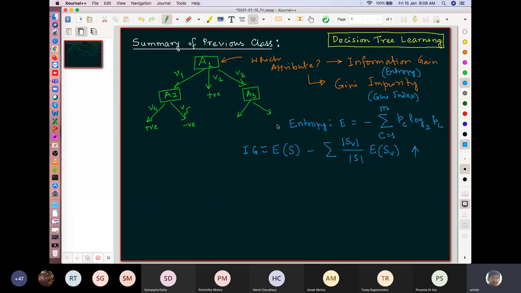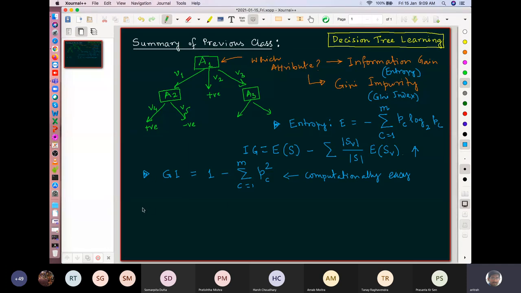Similarly, when we used Gini impurity instead of entropy, just the formula changes, and we have also seen that this kind of formula helps because it is computationally easier. So with that note, we closed our previous class by saying that there are certain things we will try to understand from this type of learning.